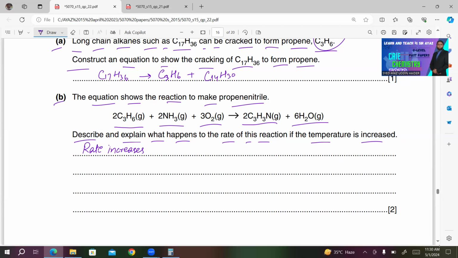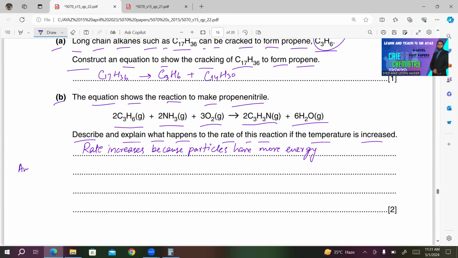What reasons you can write? Because particles have more energy. This is not enough. You have to write one more statement. And you can write either particles having more energy or above the activation energy. So there will be more energetic collisions or more chances of successful collisions.